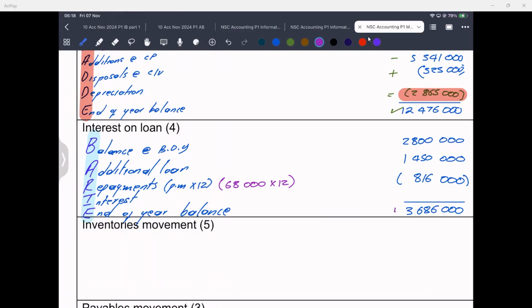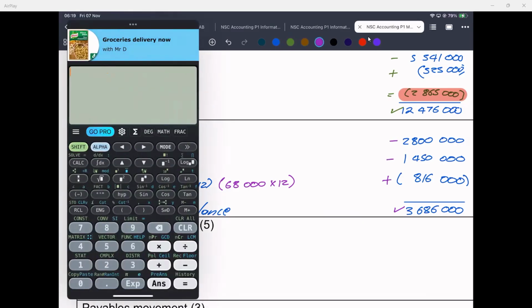You will take this, add that, minus that, minus that. 3,686,000 plus 816,000 minus 1,450,000 minus 2,800,000. It gives us 252,000.